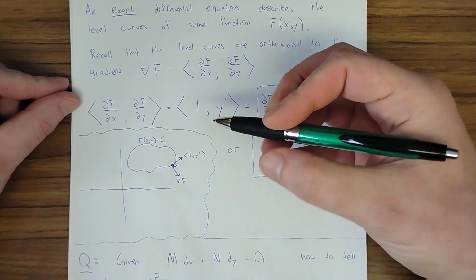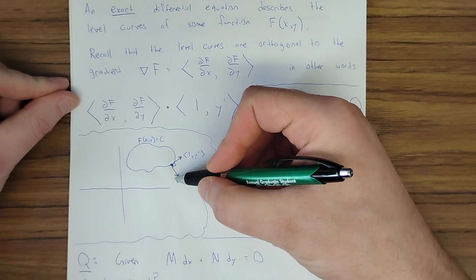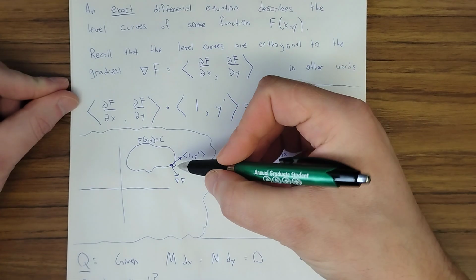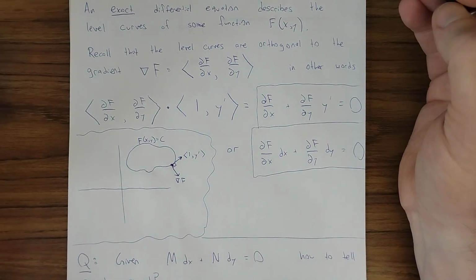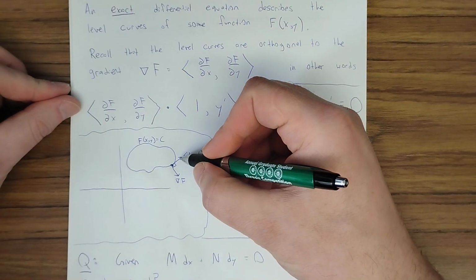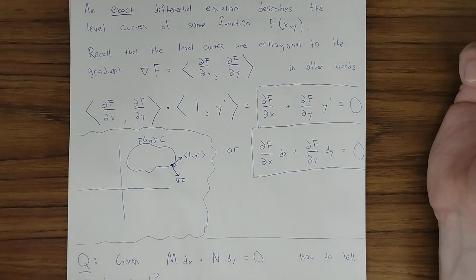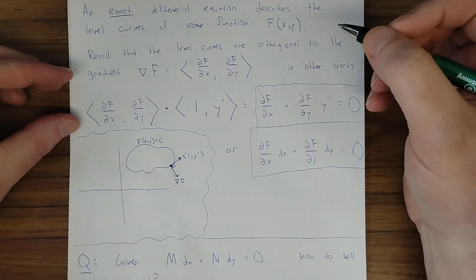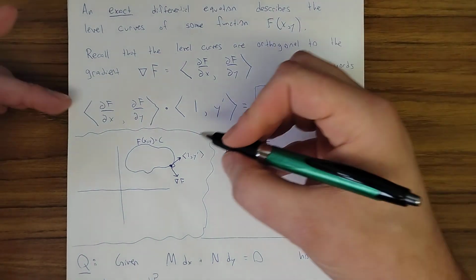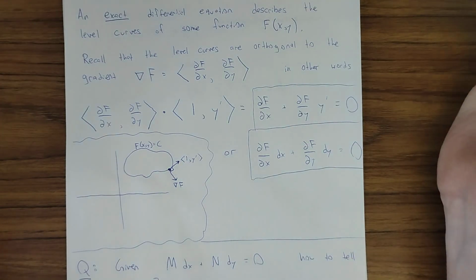And what I just told you is the gradient. So I drew this vector, this is the gradient of f, is orthogonal, so makes a right angle with the tangent line. And I'm going to express a tangent line using the vector 1 comma y prime. I mean, that has the correct slope, right? The slope is supposed to be y prime. So if I divide this by this, I get y prime.